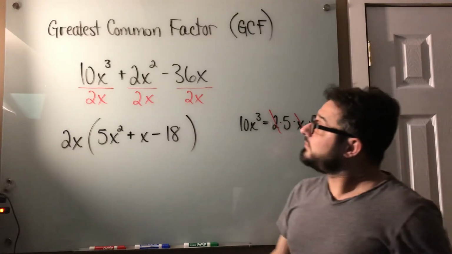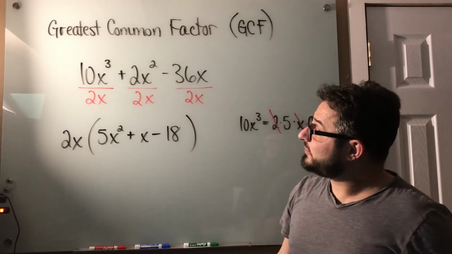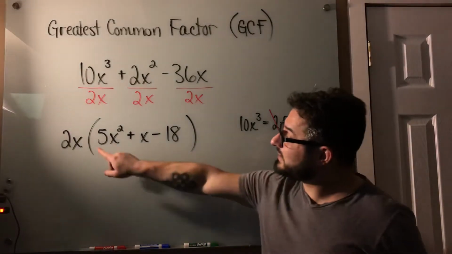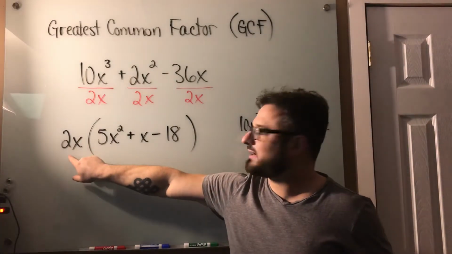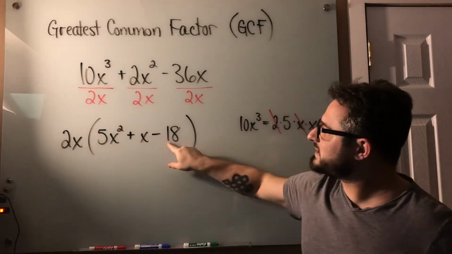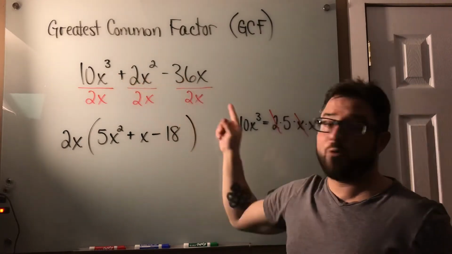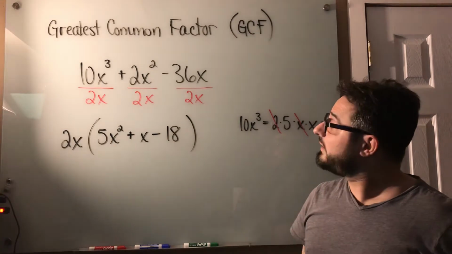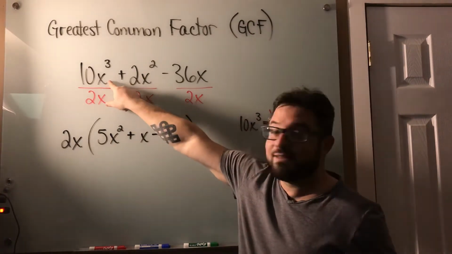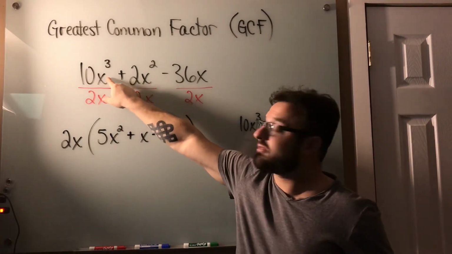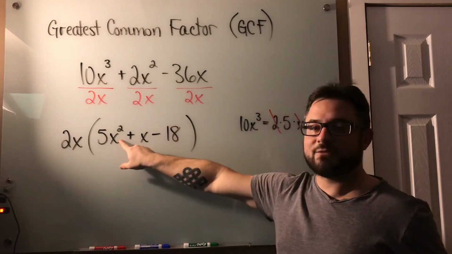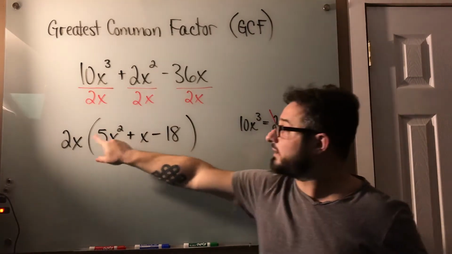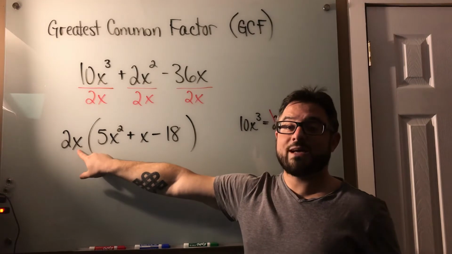Now, going back to the original question of higher degree polynomials, you'll notice that once that 2 and that x are out of the way, each of the coefficients is now smaller than it was before, which is a good thing in factoring. It usually makes it easier to deal with. And, more importantly, the degree went from a third degree polynomial down to a second degree polynomial because we took one of the factors of x out.